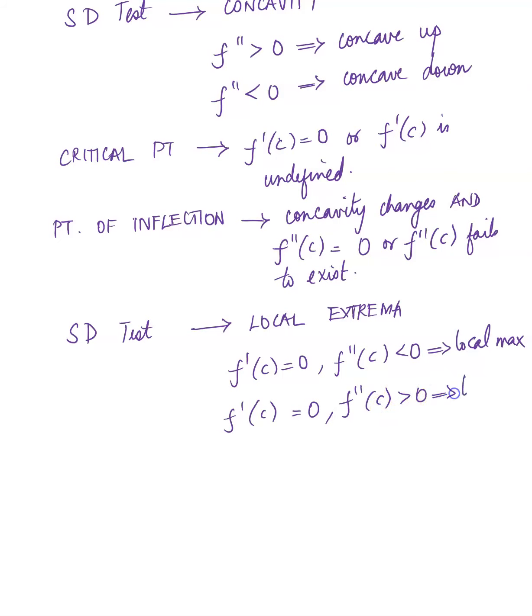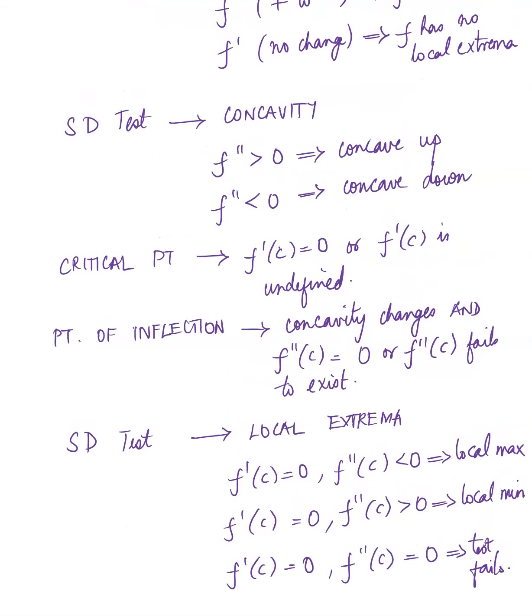If f double prime is positive, local min, so 0 and concave up. If both are 0, the test fails. When the test fails, it is inconclusive, which means there may or may not be a local max or local min. So this was a collection of all the tests and theorems that we've seen that leads us to sketching a graph.